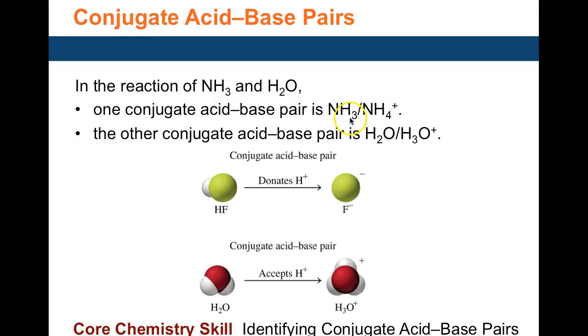So NH3 and NH4 plus are the conjugate base and acid pair, and then water is the base and its conjugate acid is H3O plus. Okay, this is the acid, F minus is its conjugate base. If this is the base, H3O plus is its conjugate acid.